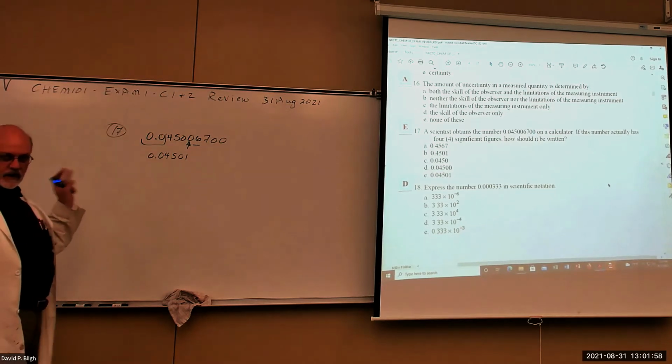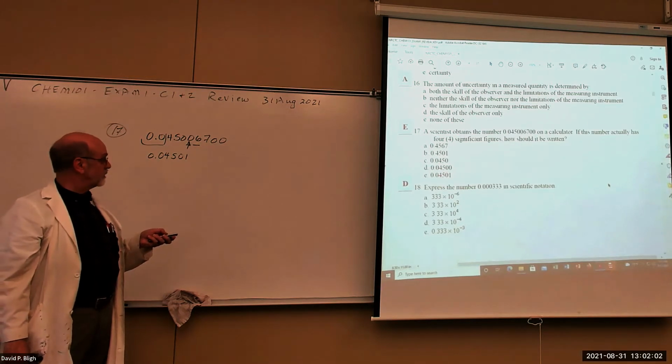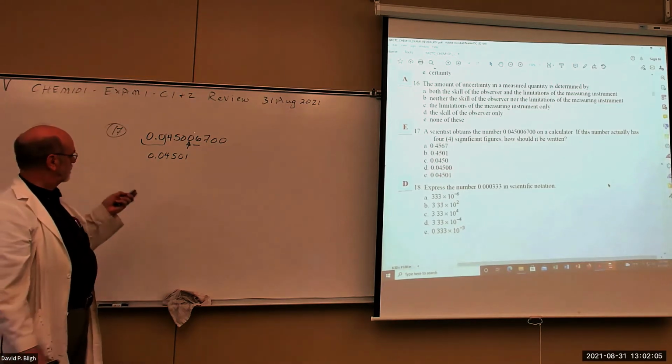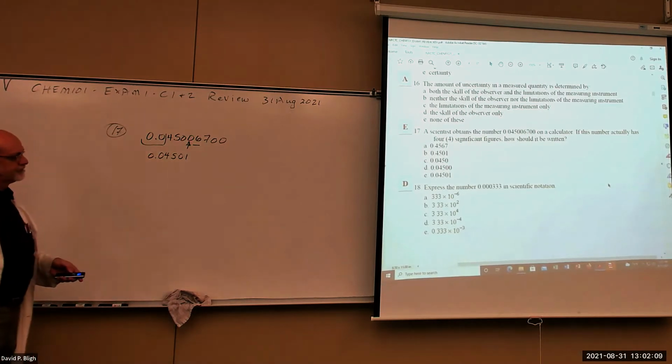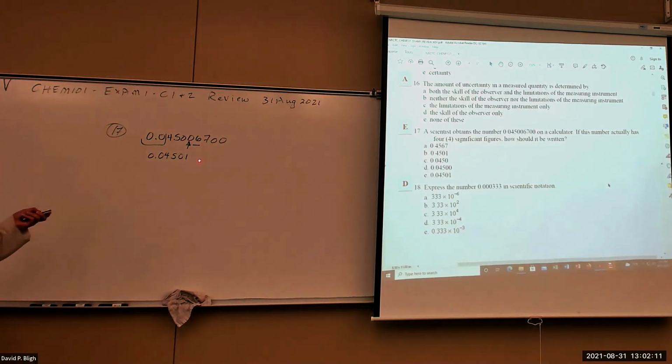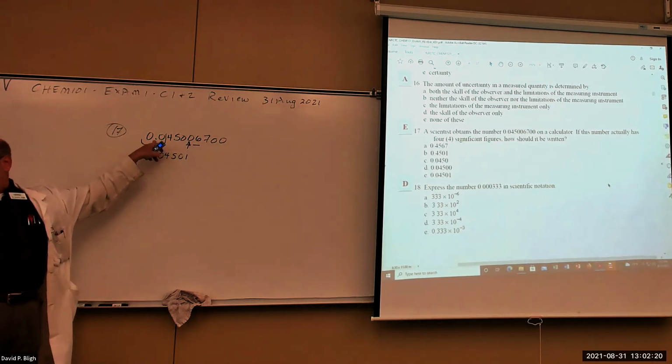Zeros to the left are not significant. Captive zeros are significant. And in fact, that 0 is significant also. Okay, how about these? Are those significant? Yeah, they're to the right, but there's an explicit decimal. That means they're significant.